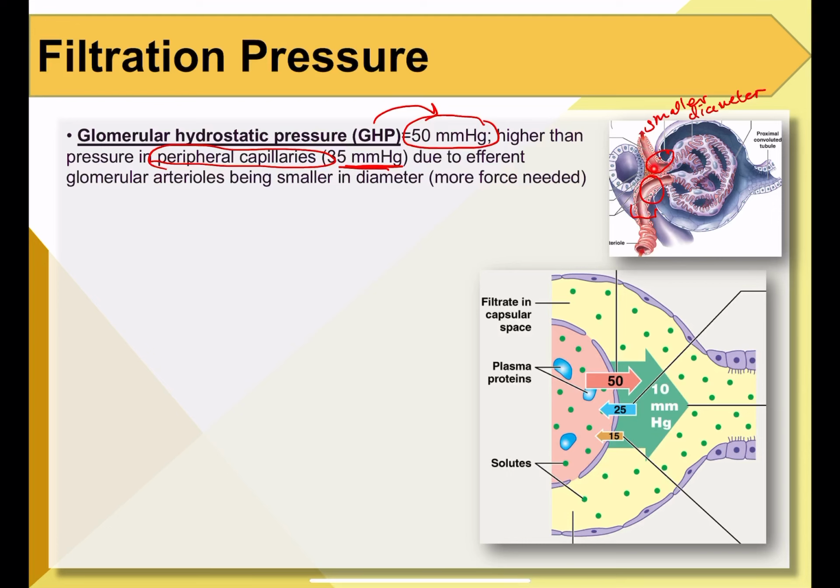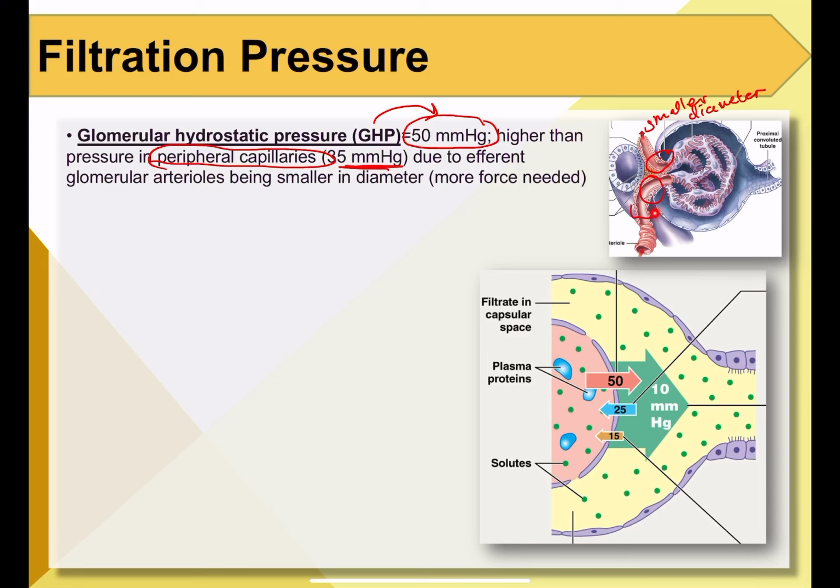Because it's smaller here, it takes more pressure for blood to push through all these capillaries and out the other side of the efferent arteriole. So that's why you need a slightly higher pressure to push blood through, and that's why it's 50 and not 35 for glomerular hydrostatic pressure.